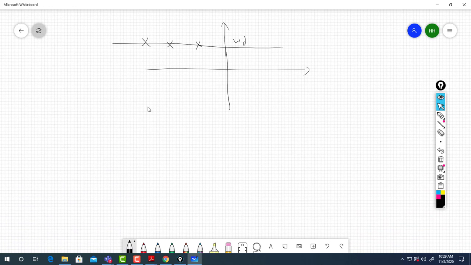And if your poles are here, you have the same overshoot, same zeta, right?